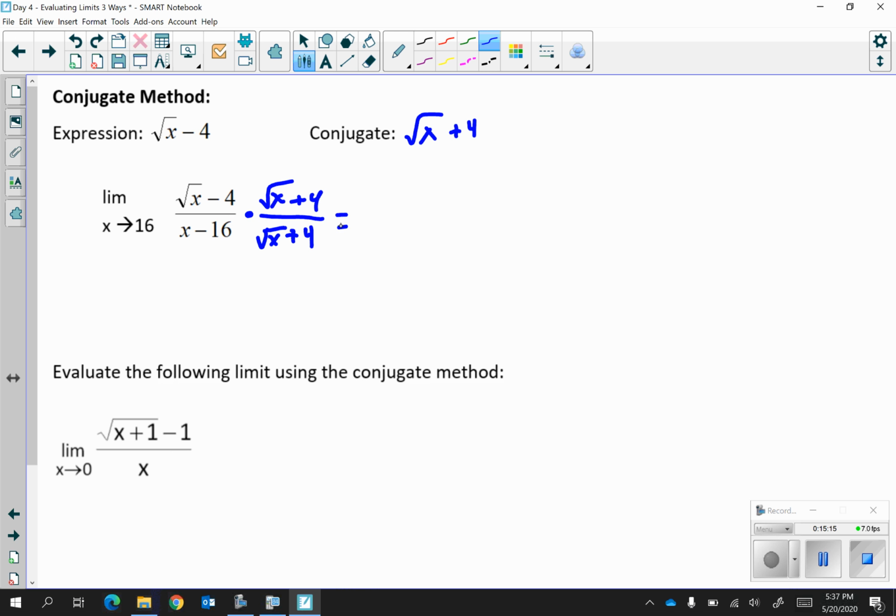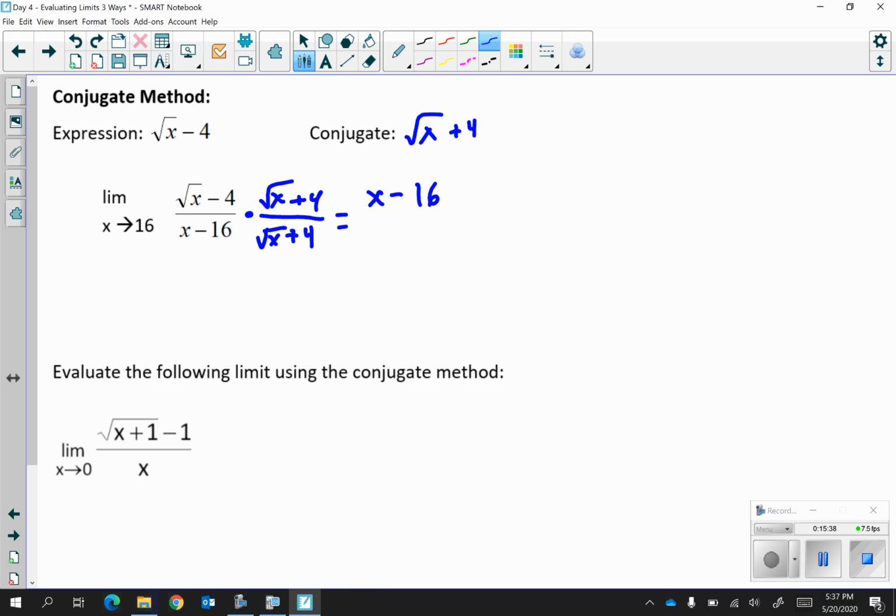It does happen to work out nicely with this method that you're always going to have plain old x, the radical will go away, minus, and you're going to square the number, the constant. So I'm going to have x minus 16 because 4 times 4 is 16.